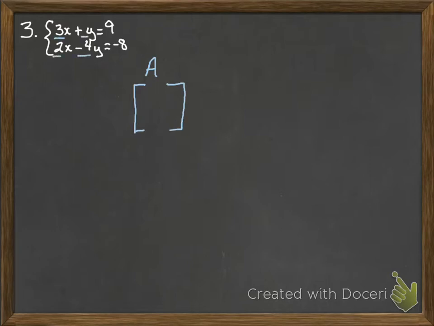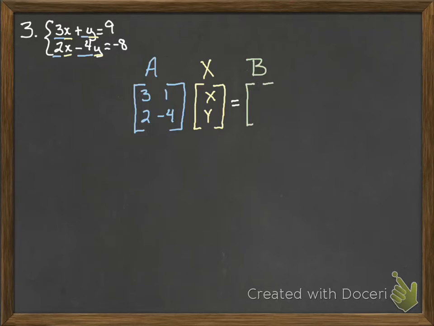Matrix A is my coefficient matrix. So I'm looking at my coefficients. I have 3, 1, 2, -4. Then my matrix X is my variables, which are X and Y. And then I have my matrix B, which is my constants, 9 and -8.